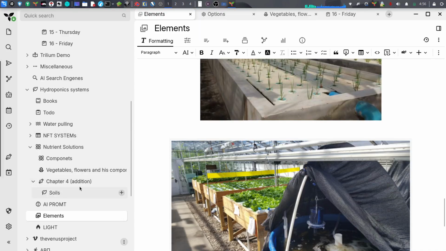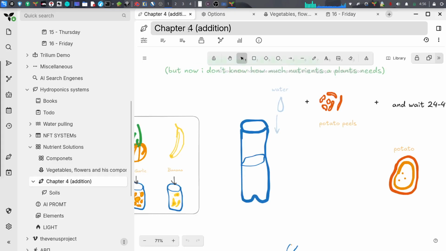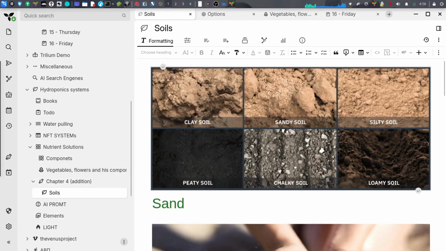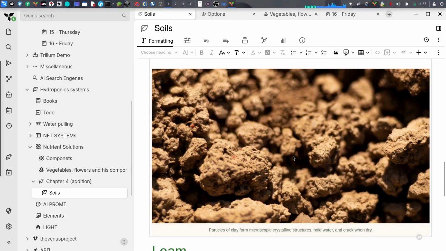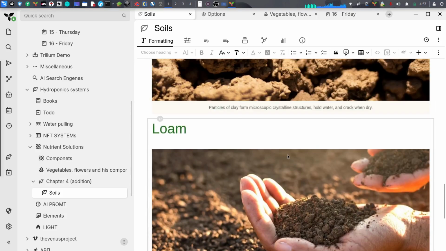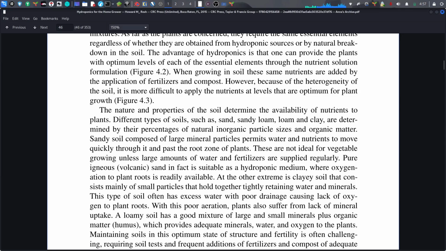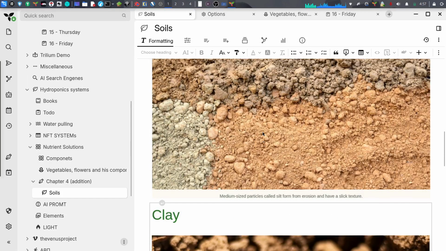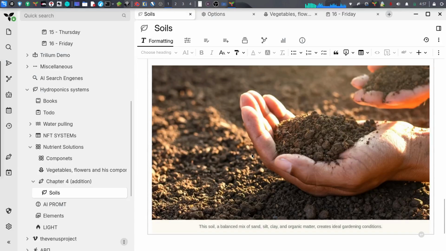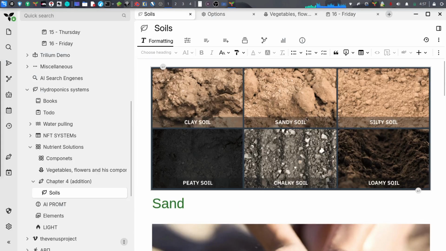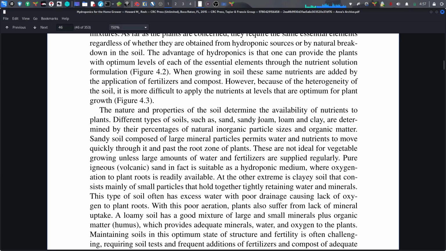Let's check the soils in this chapter. Clay soil, sandy soil, silty soil, peaty soil, chalky soil, loamy soil. Sand, silt, clay, loam. Different types of soil, such as sandy soil, loamy soil, sandy loam.